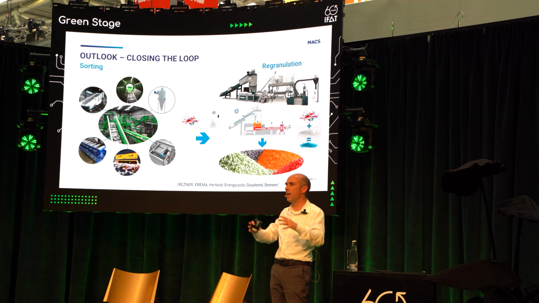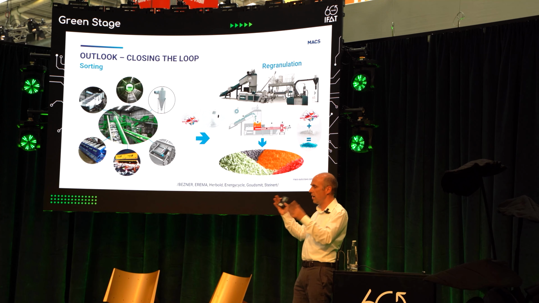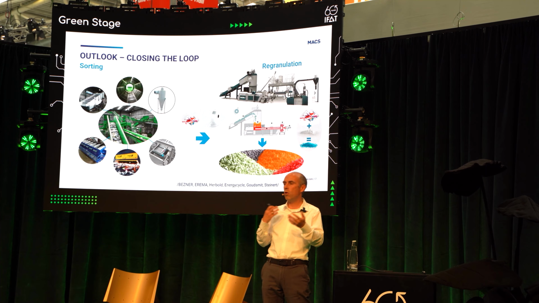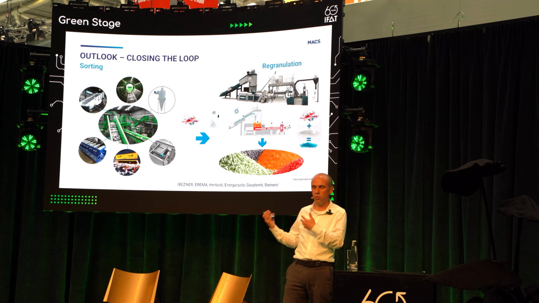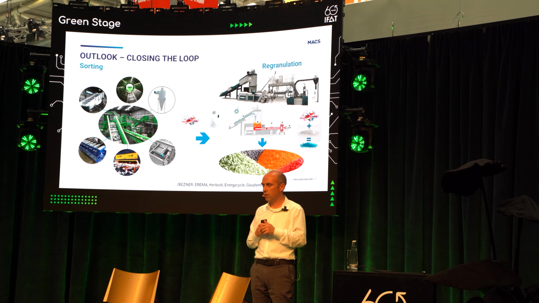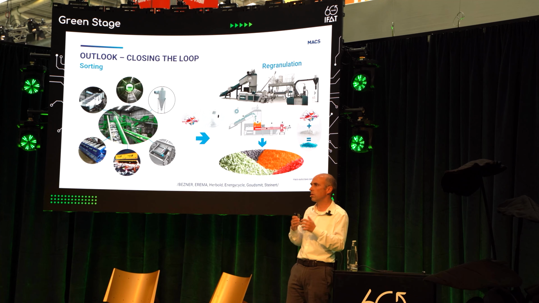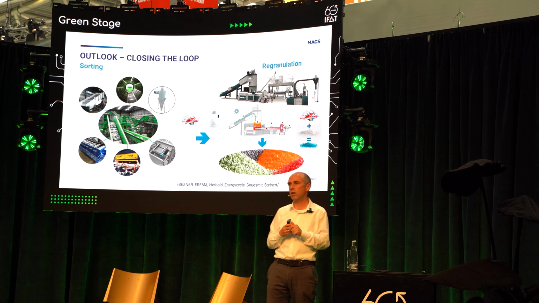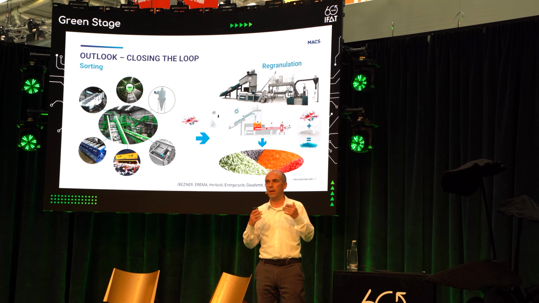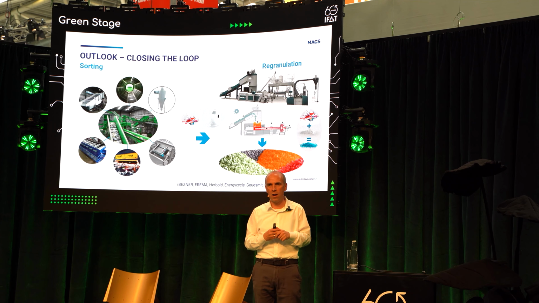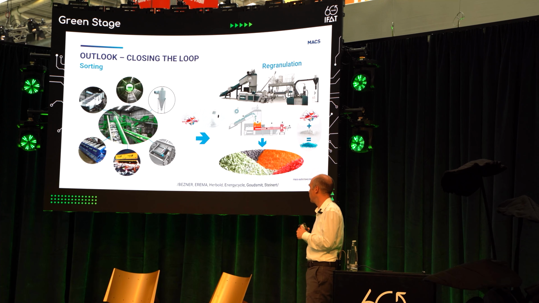And we want to take some of these fractions and go to a regranulation step where we can use all the knowledge we gained in the tests I showed you in the previous slides, and the results from the tests that will follow, to get a good recyclate, to get a good regranulation. And then we want to investigate this regranulate again, and we want to go to the market and see how the pricing will be, how we can sell it, how it will work on the market.